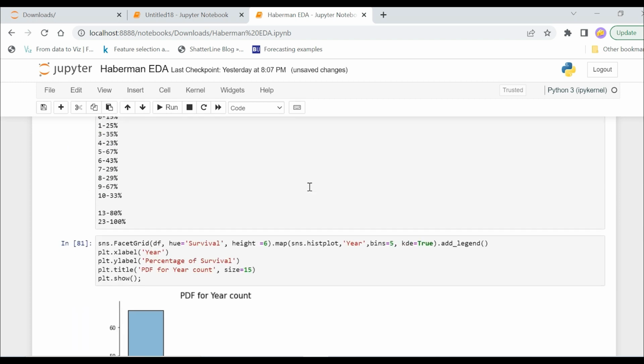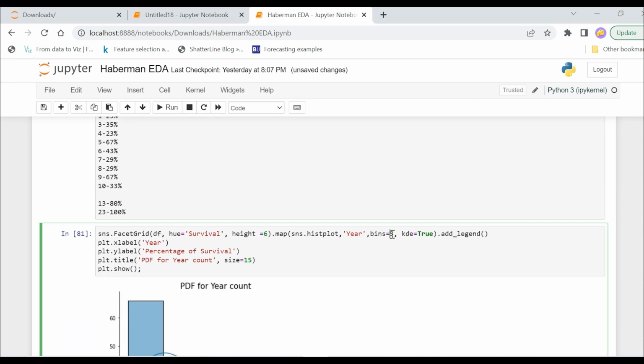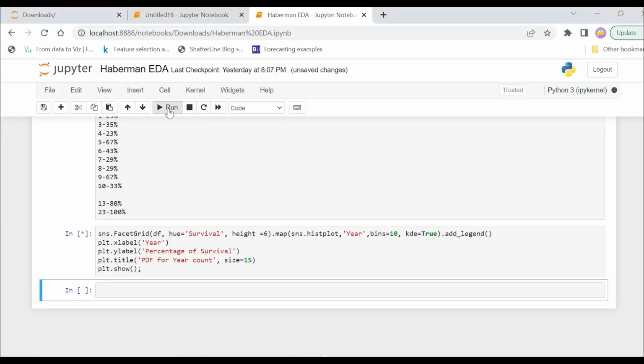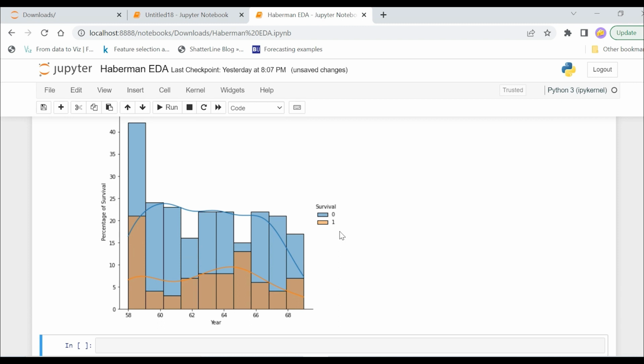Bins, should I decrease the bins or increase the bins? I think I should increase the bins here. So here you can see the maximum. This is 64 to 66. This is the maximum here. The deaths that have happened here are higher, but this is also higher in this case.